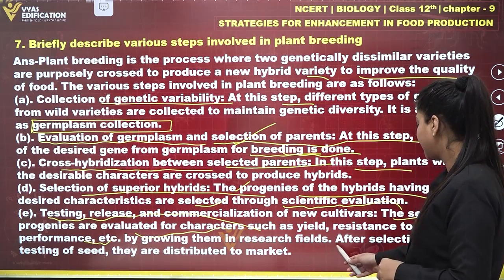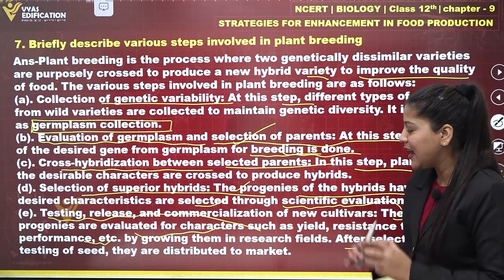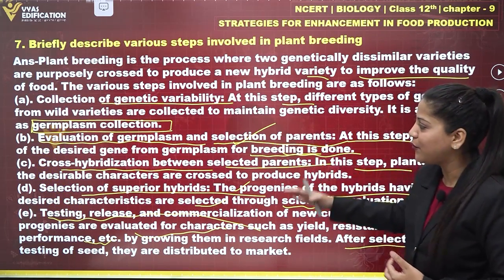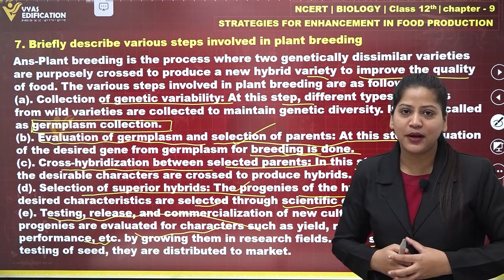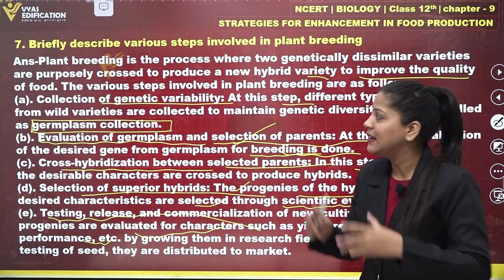After testing of their seeds, they are commercialized or marketed, right? So these are the various steps of plant breeding, and this is the complete detailed solution of question number 7.